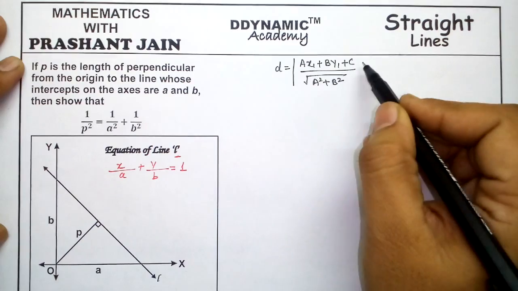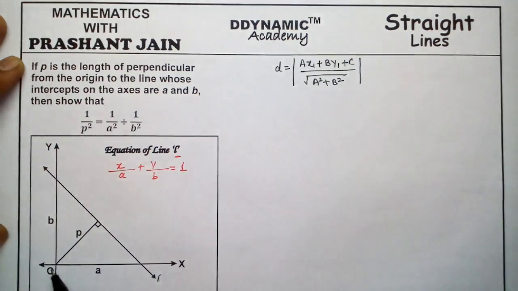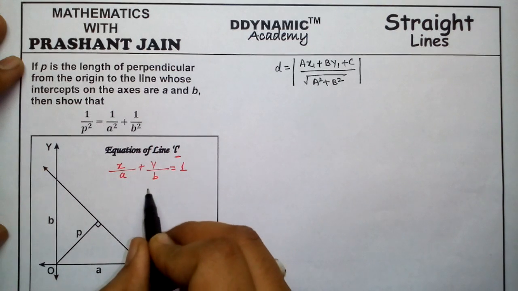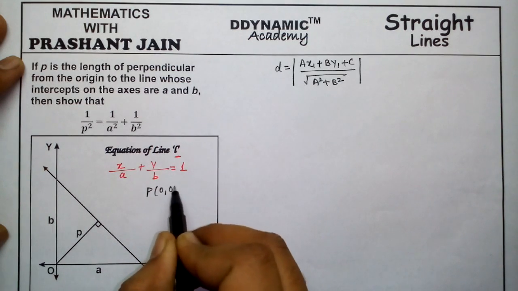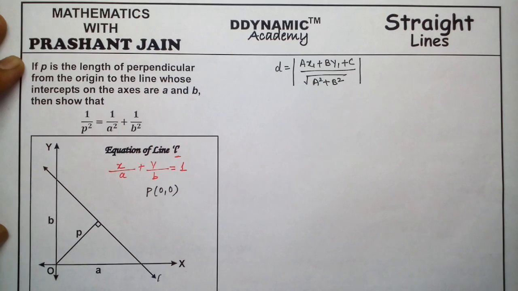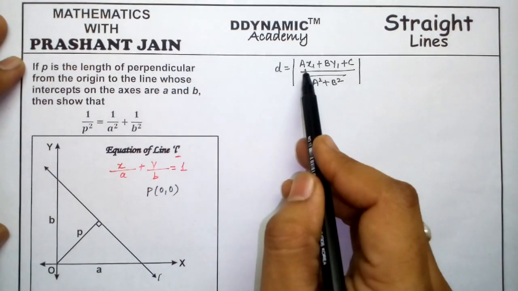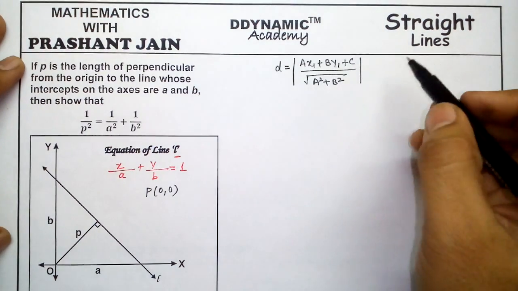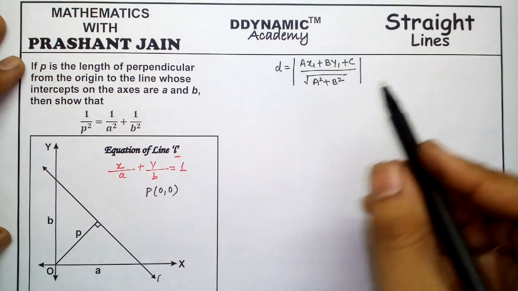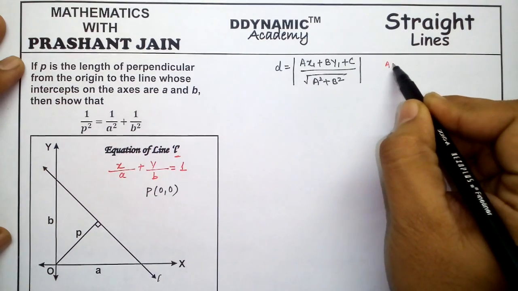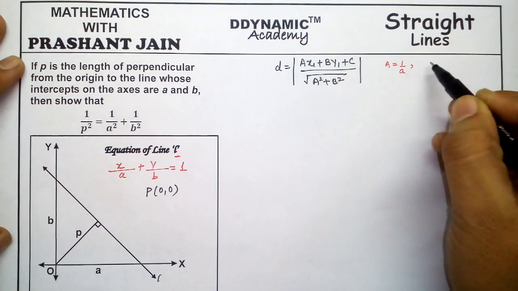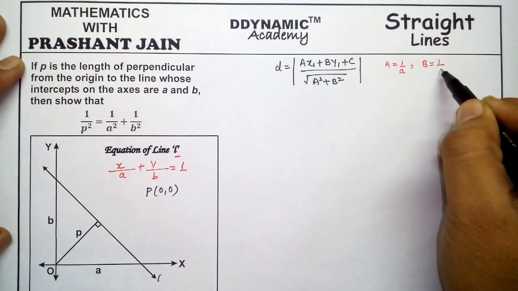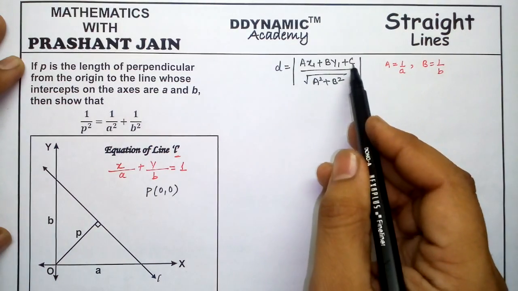This is the formula to find the shortest distance from any point to any line, and in this case the point is the origin, so the point is 0, 0. If we find the values of a, b, c, x1, y1, we will see that a is the coefficient of x, which is 1 upon a, b is the coefficient of y, which is 1 upon b, and c is the constant term.